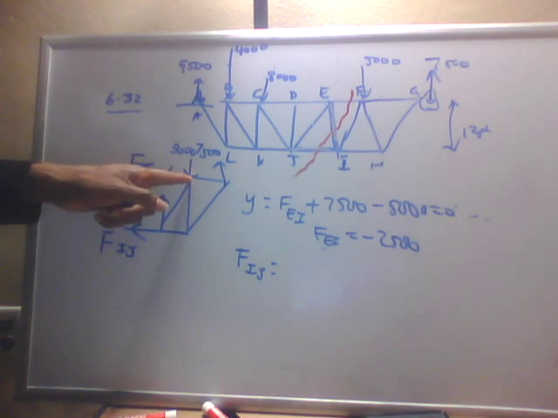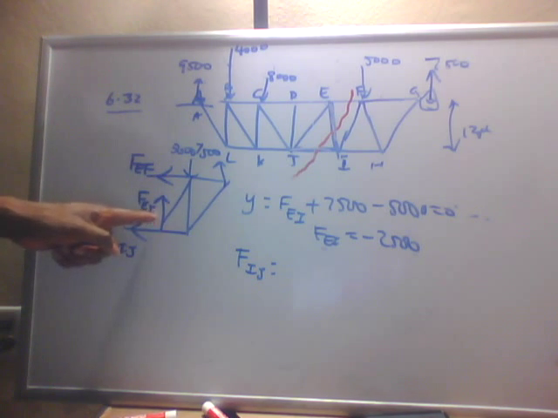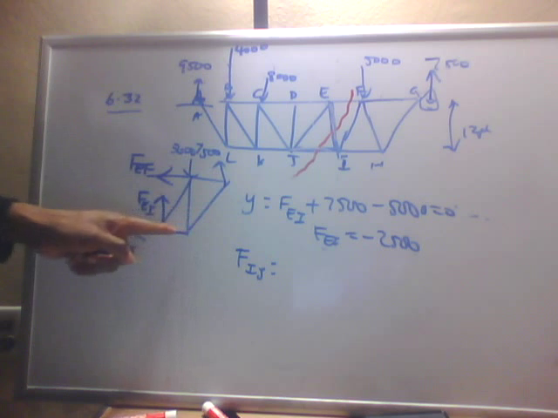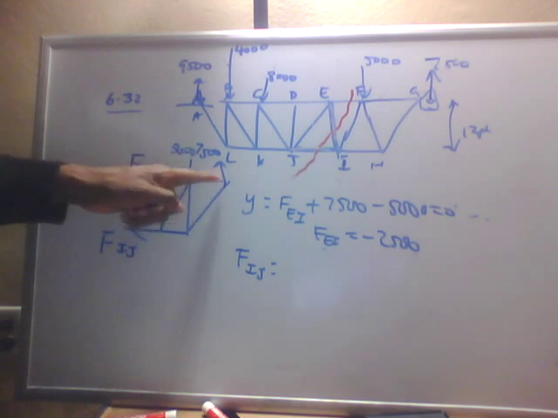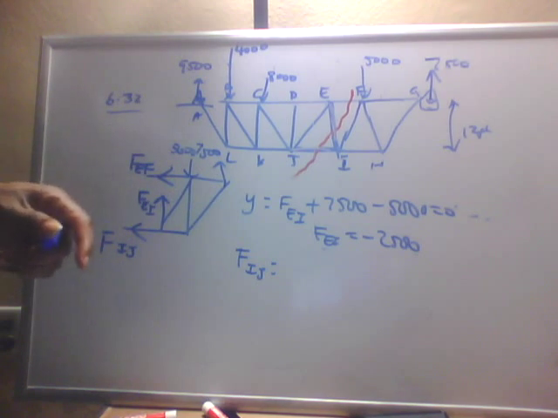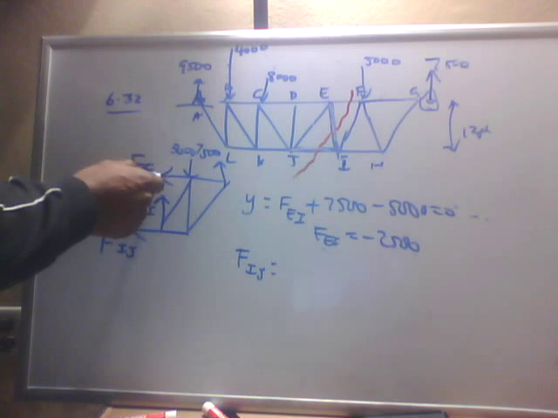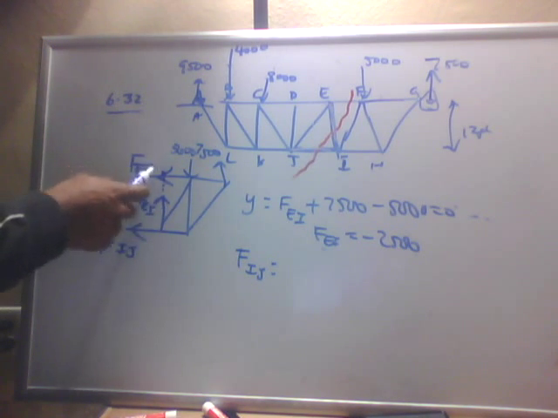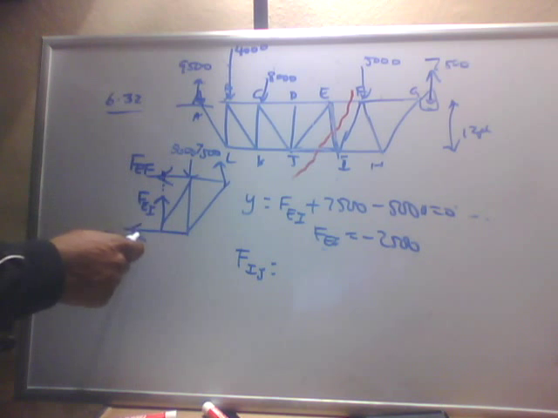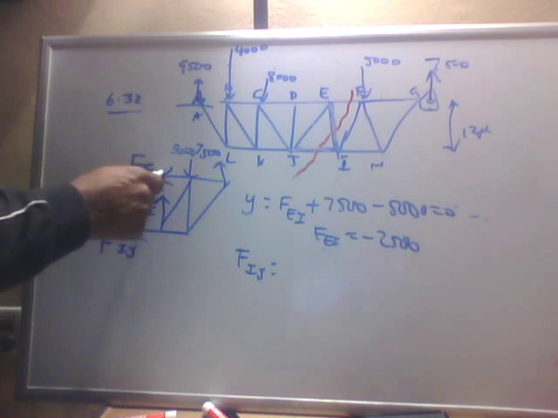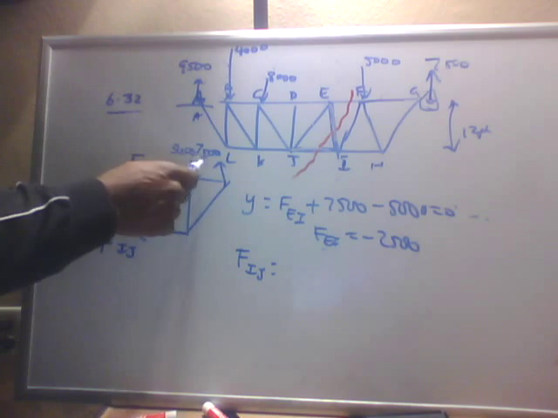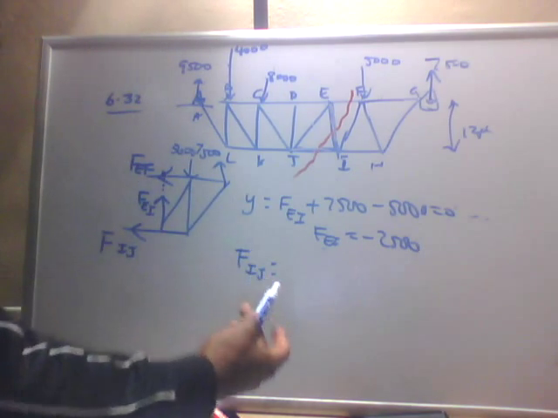Actually, about F complicates things because then I have a moment in this direction for FEI. It doesn't make a difference what you choose. Actually, I probably want to use E because E crosses here, eliminates FEI, eliminates FEF. So all I need is FIJ about E. Let's do a moment about E.